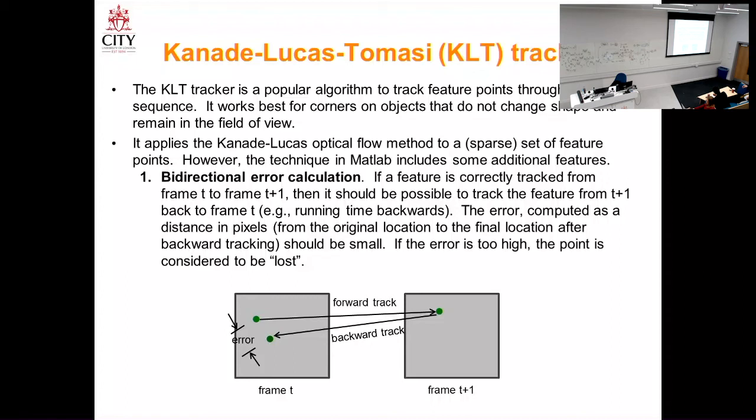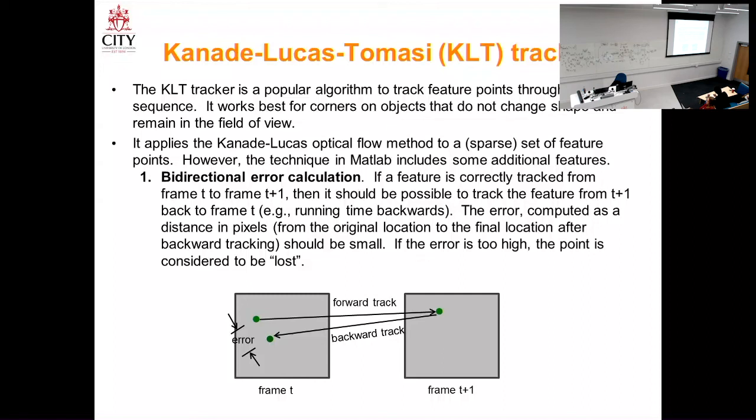So this method in MATLAB, actually, it's got some additional features which I think are pretty cool. So the first feature is bidirectional error calculation. The idea here is that if you have a point on the current frame, t, and you can track it into the next frame, let's call it t plus 1, then if you reverse time, you should be able to take that point and track it back to the original point, okay?